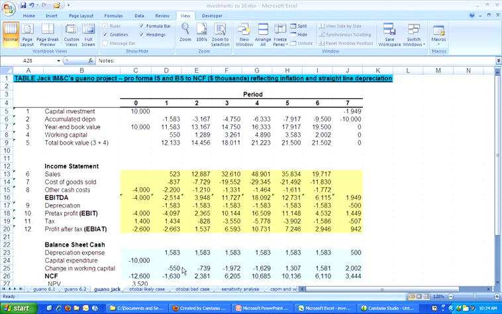The second is to identify any changes in working capital, such as inventory or cash, that is current asset accounts, that result from the establishment of the project. And the third is to reflect the capital expenditure or the increase in any fixed assets that are going to be required for the project.